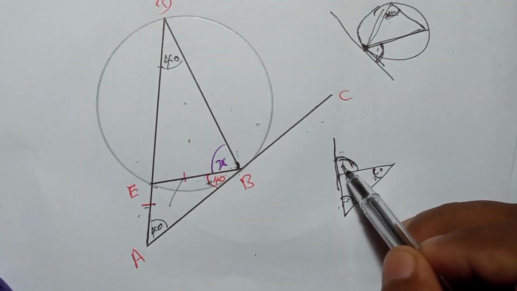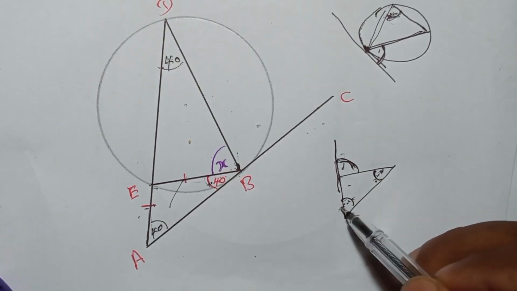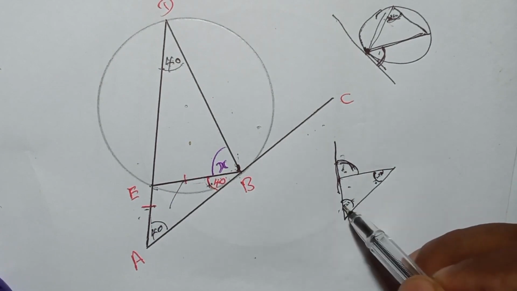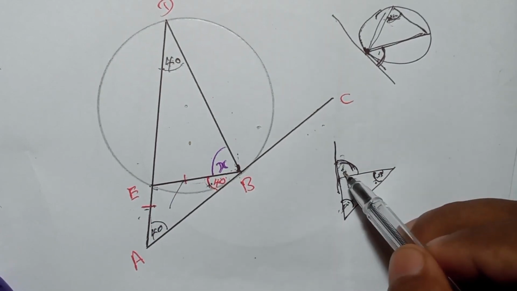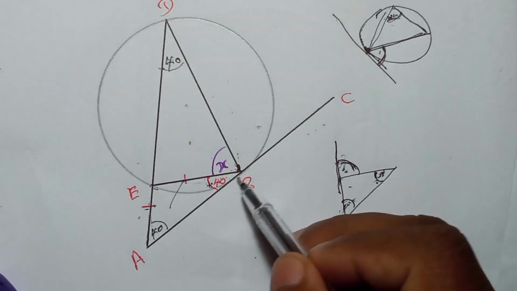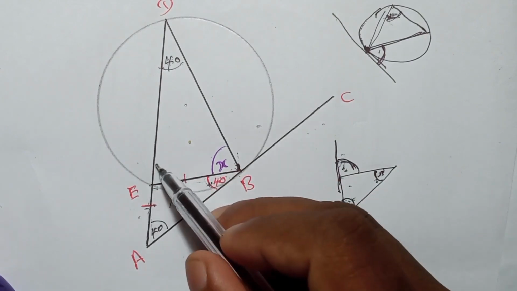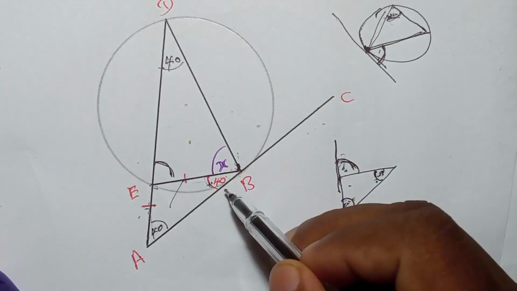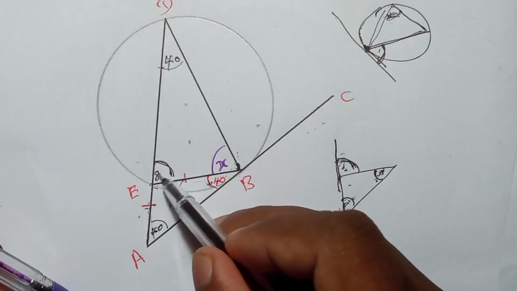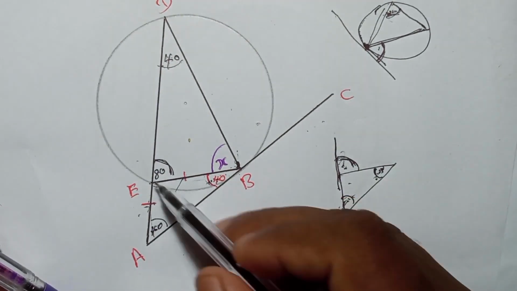This exterior angle will be equal to the total of the interior opposite angles, that means these two added together will be equal to this one. So here also, if you consider triangle ABE, this is the extended side, then this angle will be equal to this plus this, here 40, here 40, so this should be 80, right. This plus this will be equal to this.